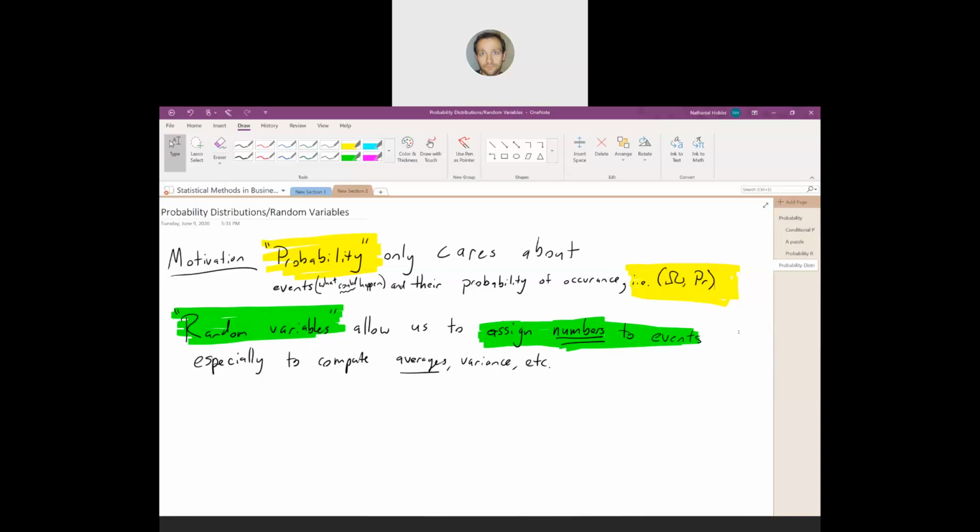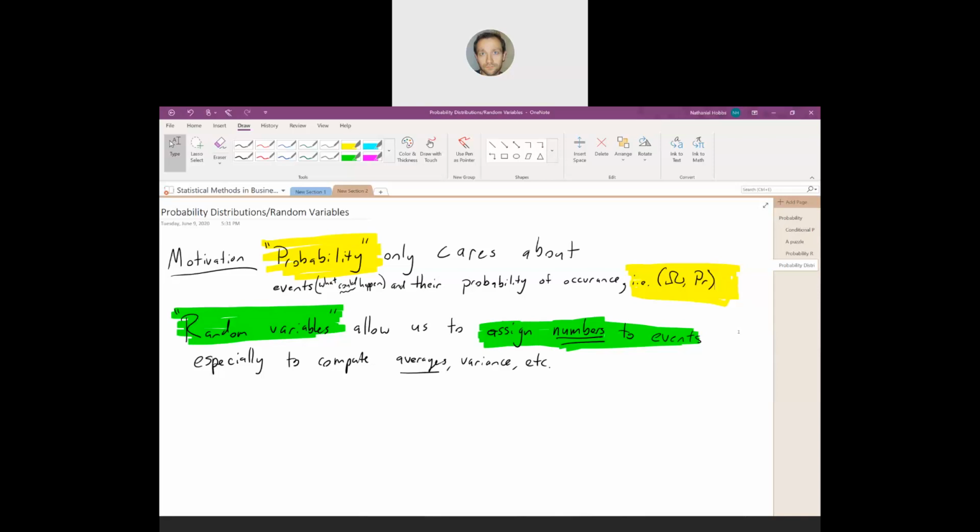Random variables are an extension to probability, where you assign numbers to events. This is useful for computing averages, something called variance. That's how much things are different than the average. You can calculate all of these things if you have numbers to work with. If you tell me the probability of rain today or not, that's fine. That's something that can happen or not.